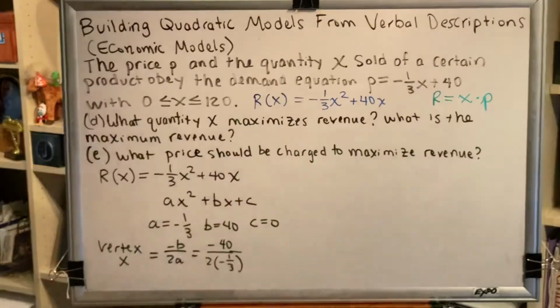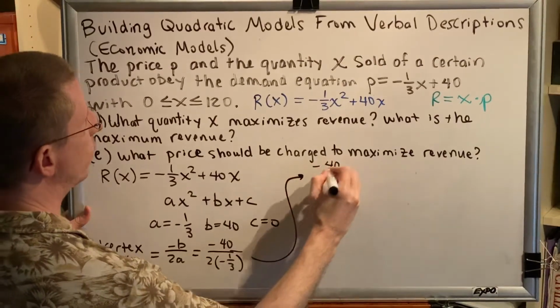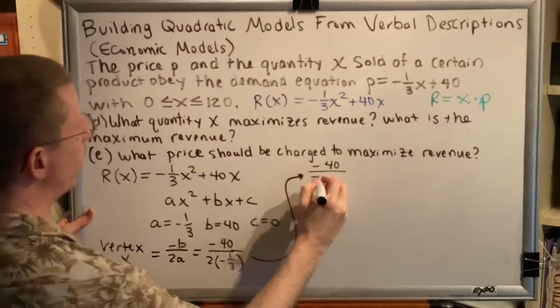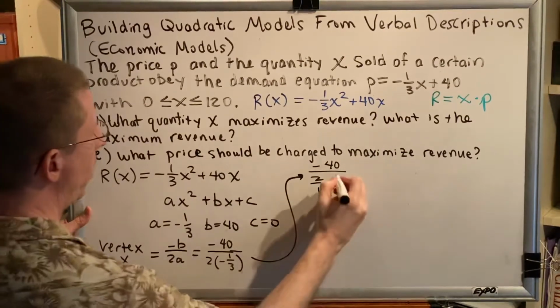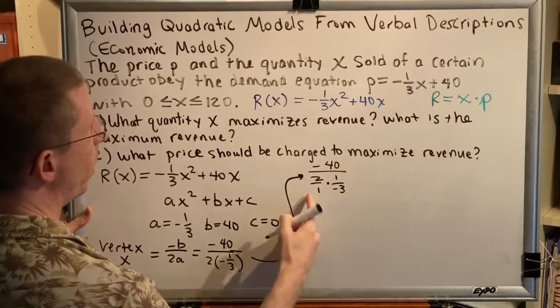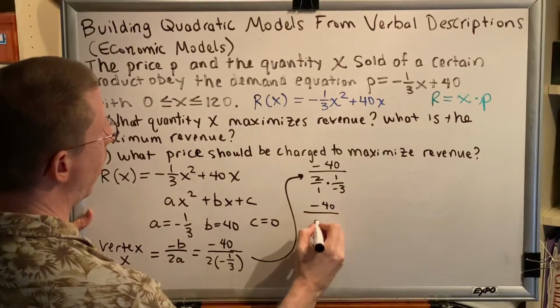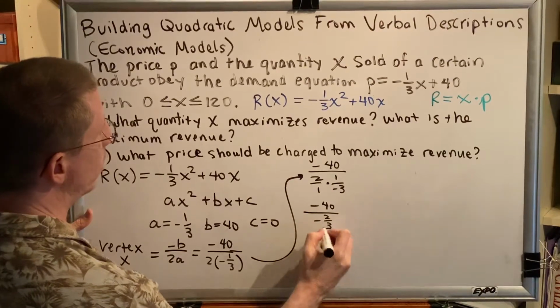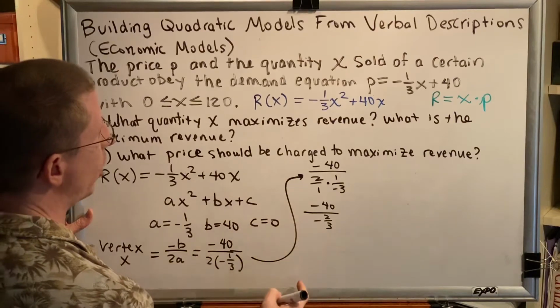Let's do a little bit of fractions math here. Negative 40 divided by 2 can be written as negative 40 over 2, and then we've got 2 times negative 1/3, which is 2 over 1 times 1 over negative 3. Multiplying these two fractions together, we have negative 40 divided by negative 2/3. A negative divided by a negative is a positive, and we keep, change, flip.